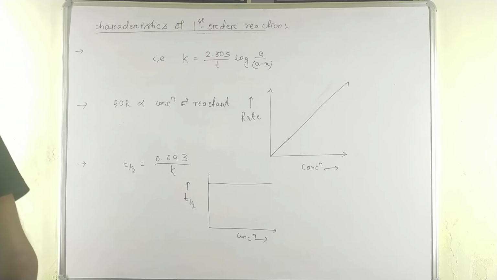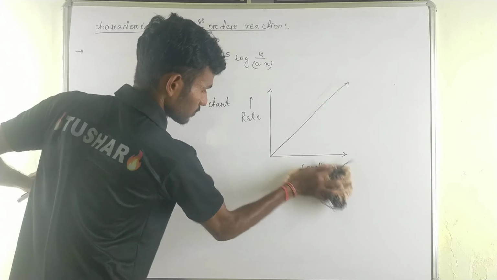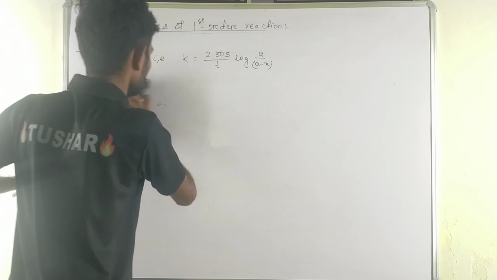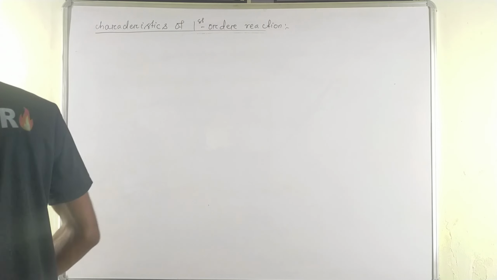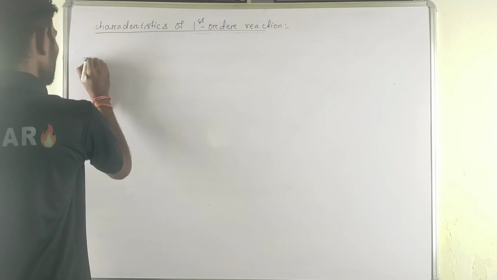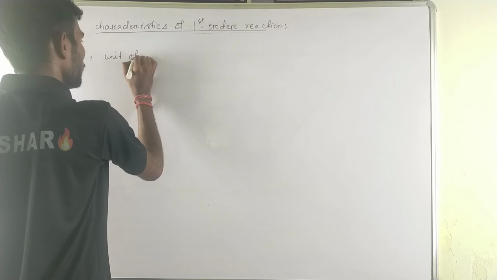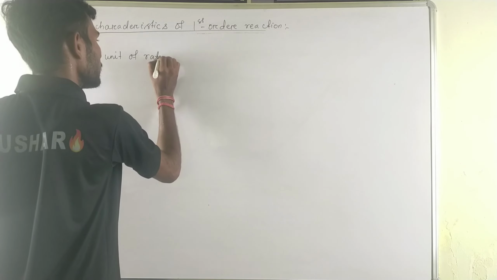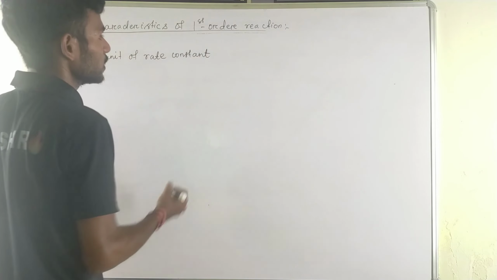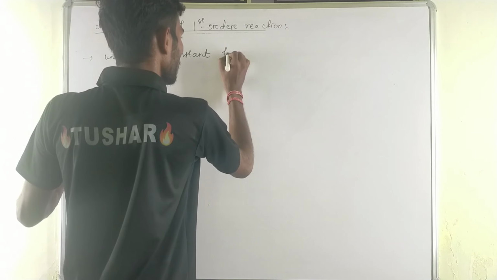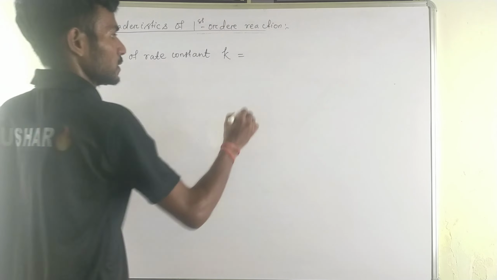Last point: for first order reaction the unit of rate constant k is second inverse.